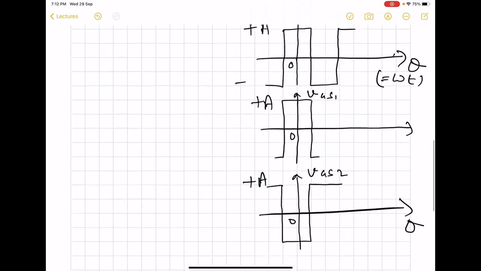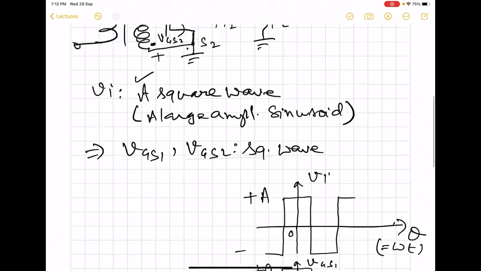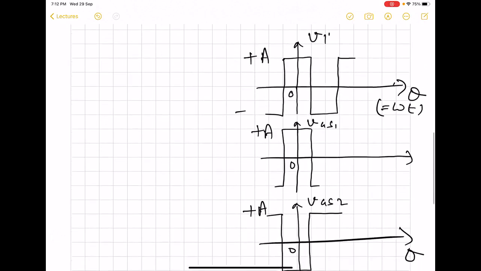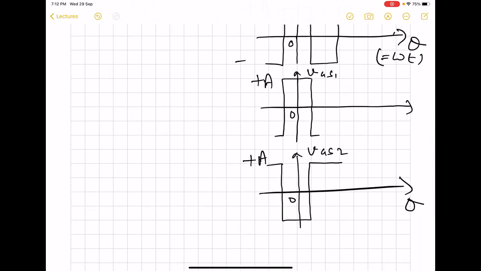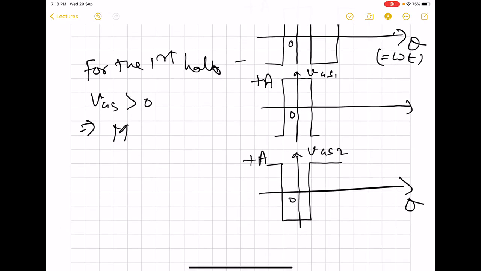Okay. So what we see here is that for the first half, VGS1 is greater than 0, implying that M1 is going to be on. And for the first half, VGS2 is negative.